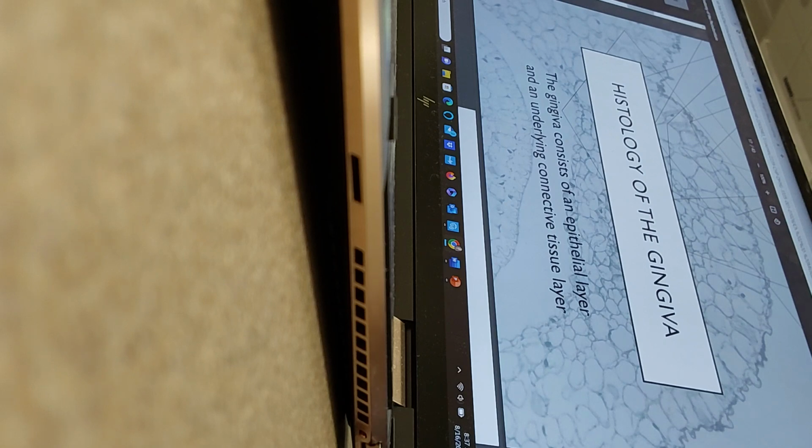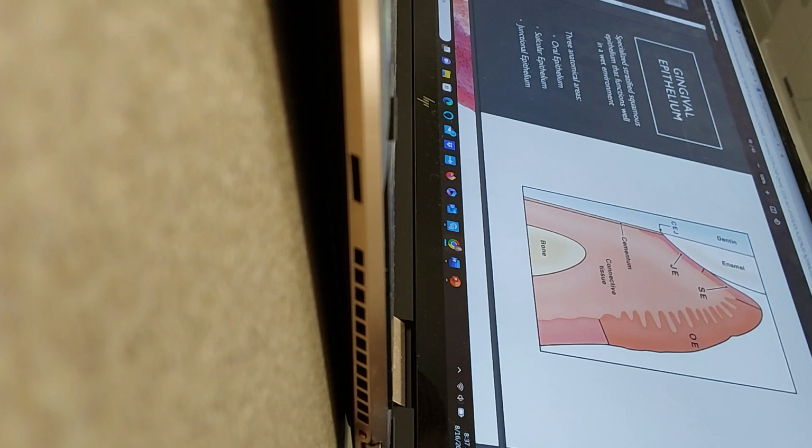Here are the main areas. Remember we said it is stratified squamous epithelium, and it functions really well in a wet environment. That's what we want, right? There are 3 anatomical areas. This is a great image. Here's the oral epithelium that faces out into the mouth. And then here's our free gingiva, right?